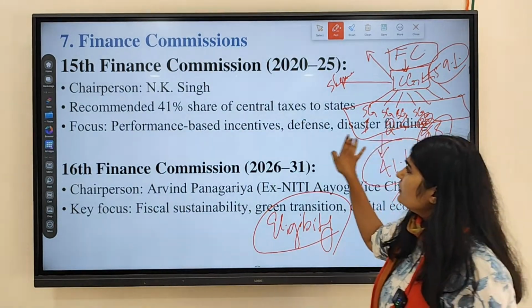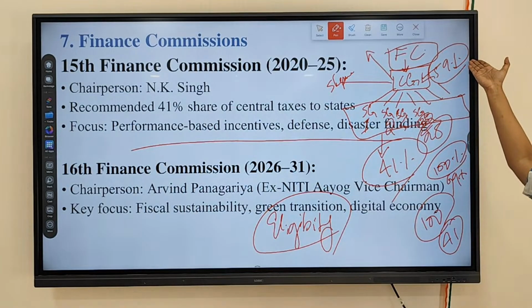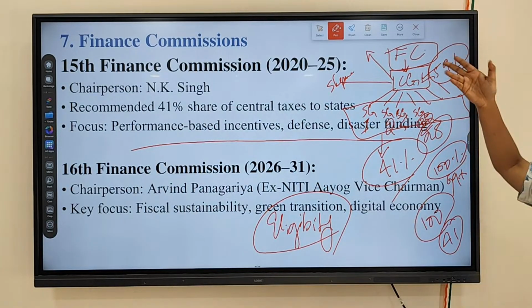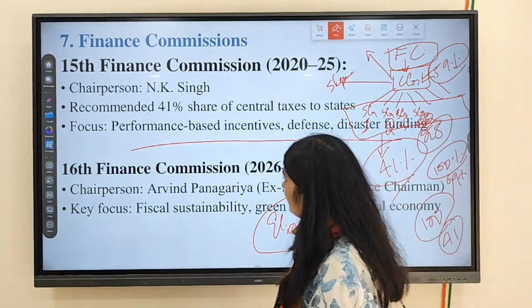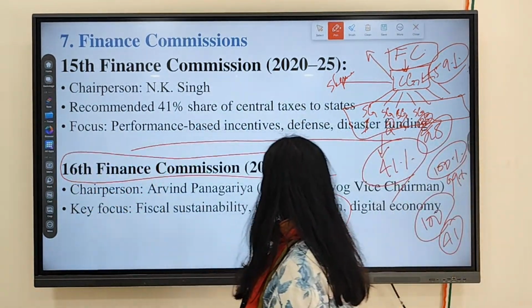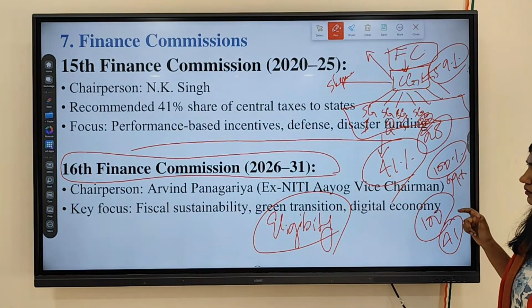That is what they have given here. And also for disaster funding. Who will fund disaster funding? The central government itself. Next comes the very recent 16th Finance Commission, which is going to take place from 2026 to 2031.